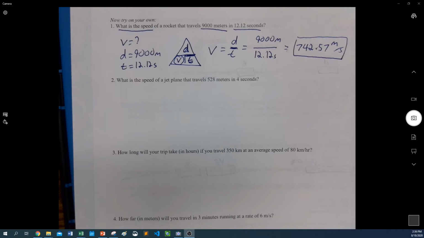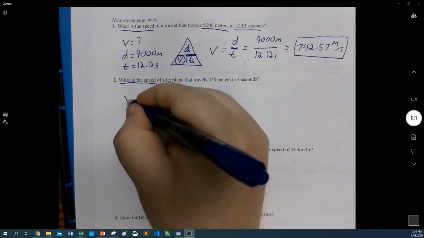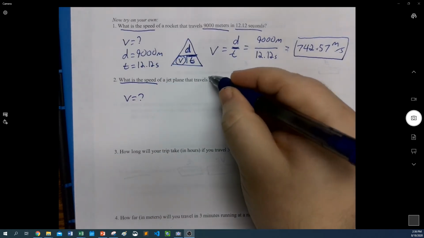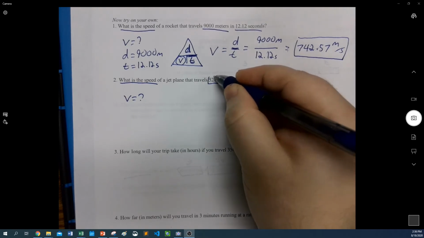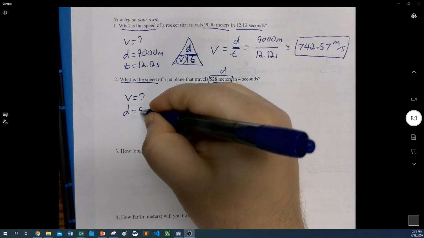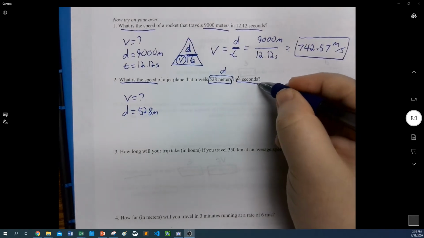So let's do number 2. So what is the speed? So we're trying to identify speed of a jet plane that travels 528 meters. That's your distance. And time of 4 seconds.